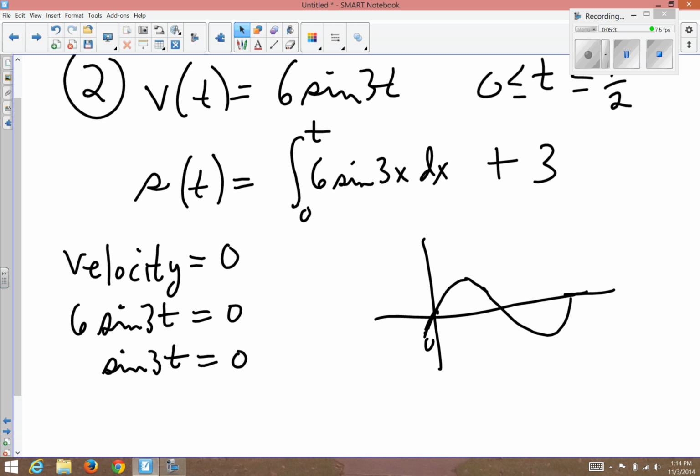this is just part of it from 0 to 2 pi. It will continue to the right and left. But from this information, I know that what I'm putting a box around, this right here, 3t, could equal 0, because then this would say sine 0 equals 0, which is true. Or 3t could equal pi, because if 3t were equal to pi, this would say sine pi equals 0, which is true.